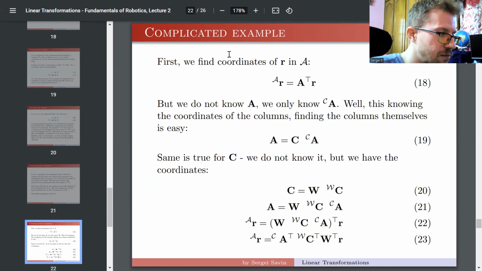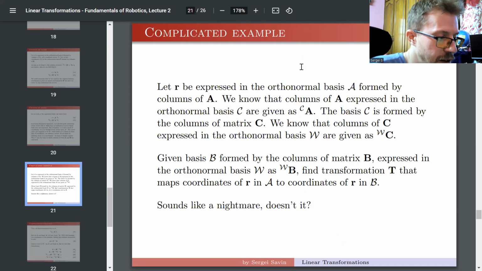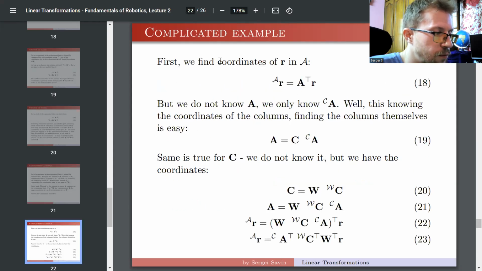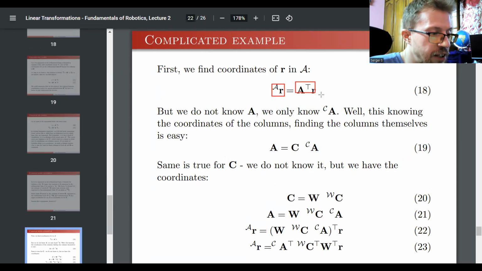First, we want to find how coordinates of R in terms of A are related to coordinates of R in terms of B. Let's go. So coordinates of R with respect to A are given as such. Just a definition. Okay. We don't know what A is, but we know what A sub C is.